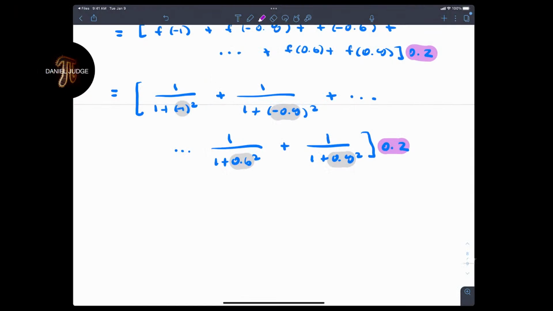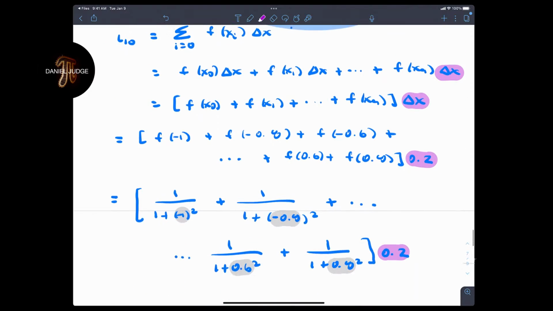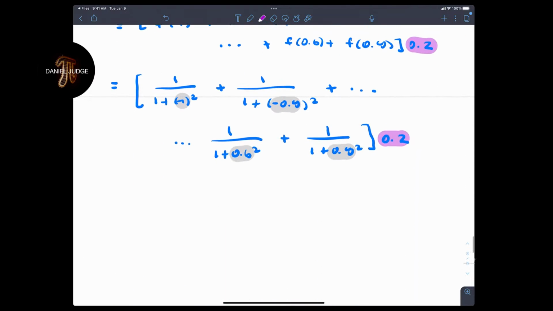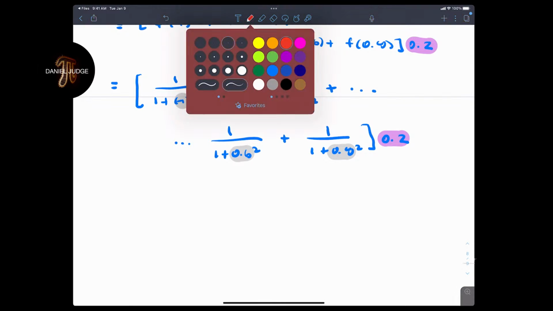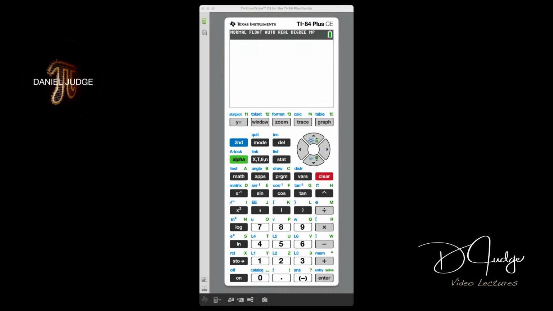I want to enter all this in my TI calculator because the value of the function is 1 over 1 plus x squared. So we want to enter these things here for you and see how this works. Now it's going to be a little bit cumbersome. I'm going to put parentheses here around each one of these in the calculator, I believe. Let me double check to see how this works for us, but here's what we'll do in the TI.